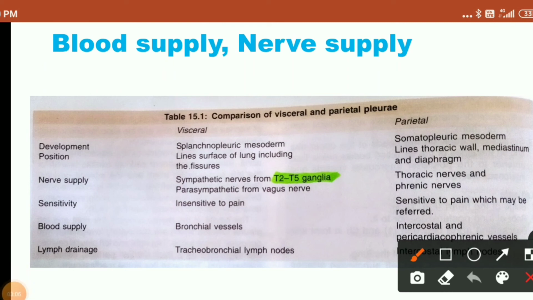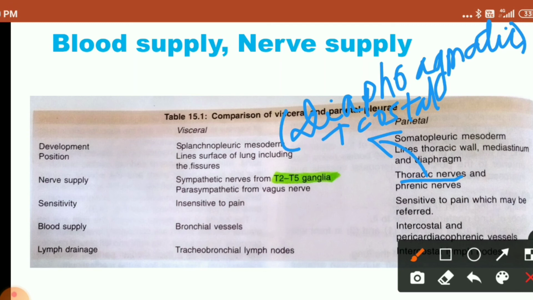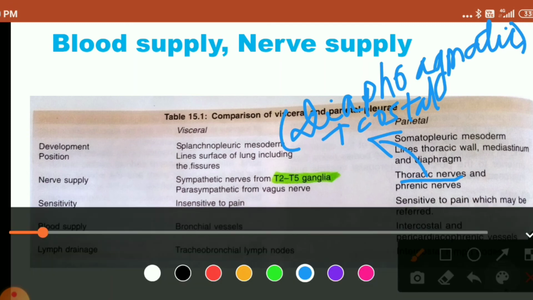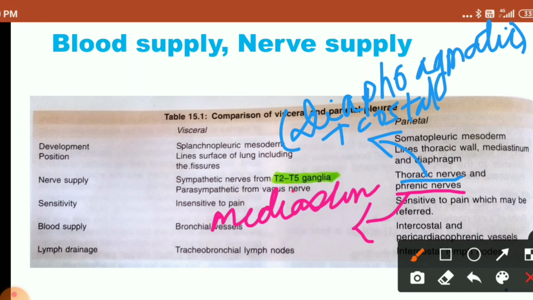Again, I want to demarcate one thing, that the thoracic nerves mainly supply the diaphragmatic pleura and the costal pleura. Remember, diaphragmatic means the outer part of diaphragmatic pleura. On the other hand, the phrenic nerve mainly supplies mediastinal pleura and central part of diaphragmatic pleura.